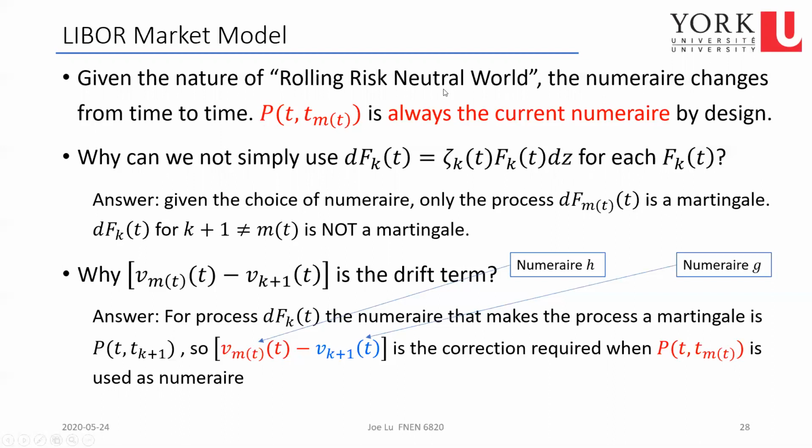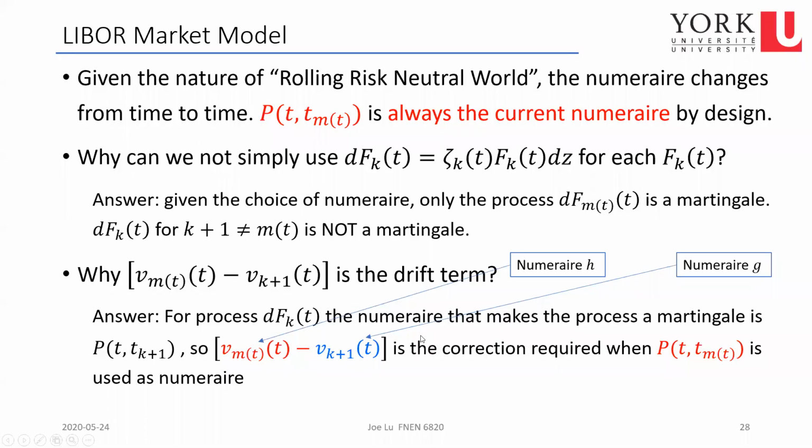Okay, so now for any forward rate f k t, the numeraire asset that will make this process a martingale is this v, a zero coupon bond from k plus 1 to t, right?